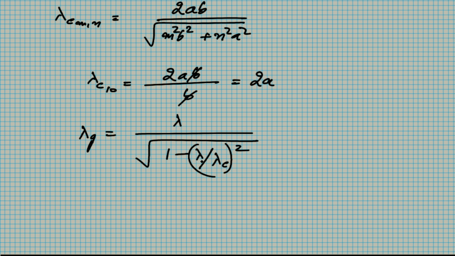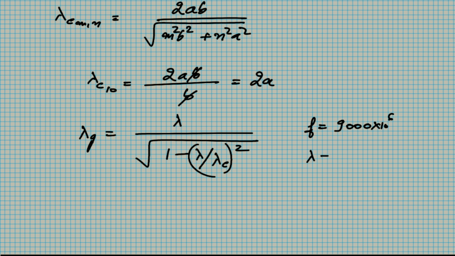Now I'm able to relate lambda g and lambda c. They have mentioned that frequency F is 9,000 megahertz, so 9,000 into 10 to the 6.